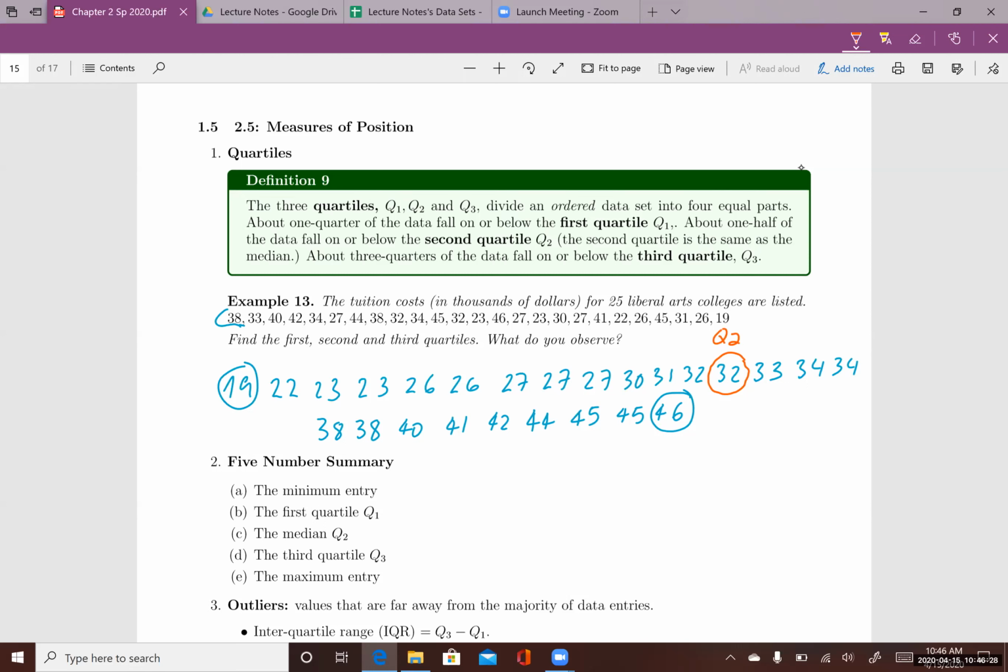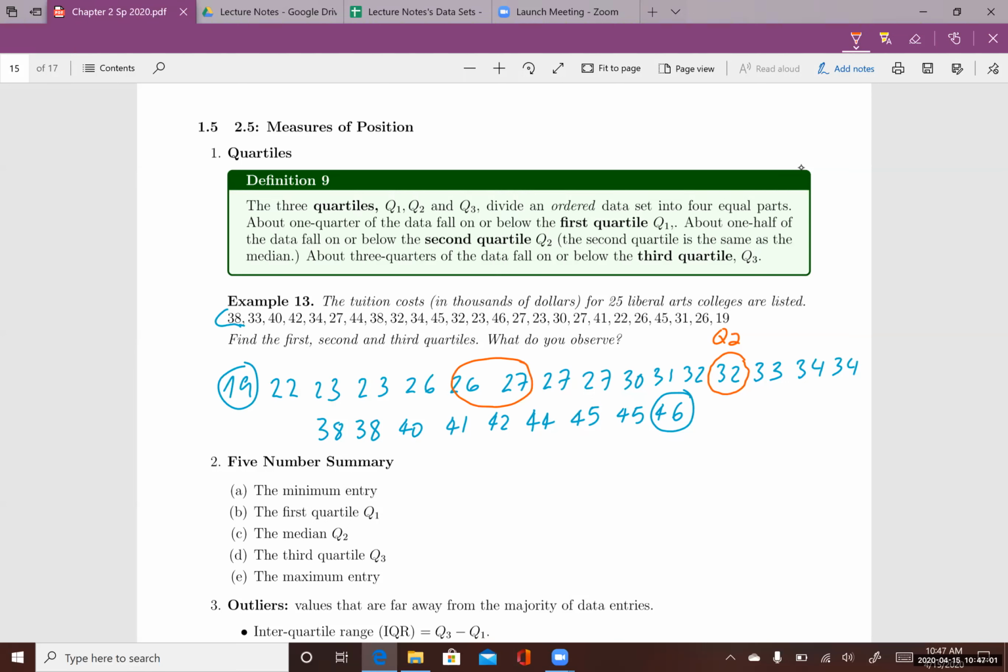And then Q1 will be the median of the values on the left side. On the left side, how many do you have? You have 12 data points, so the median should be the average of the 2 middle data, which are the 6th and 7th values.